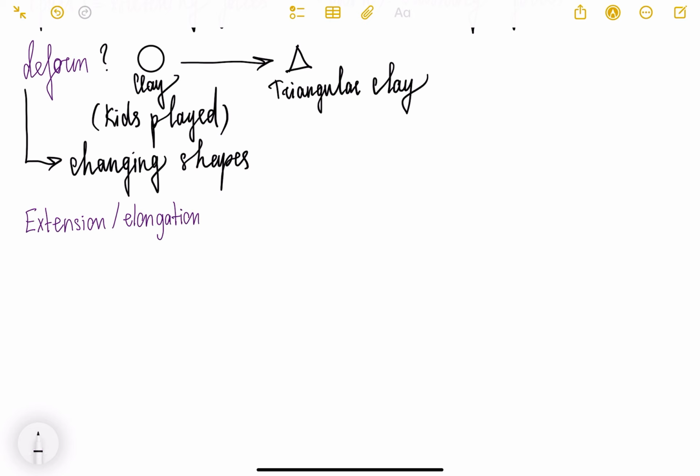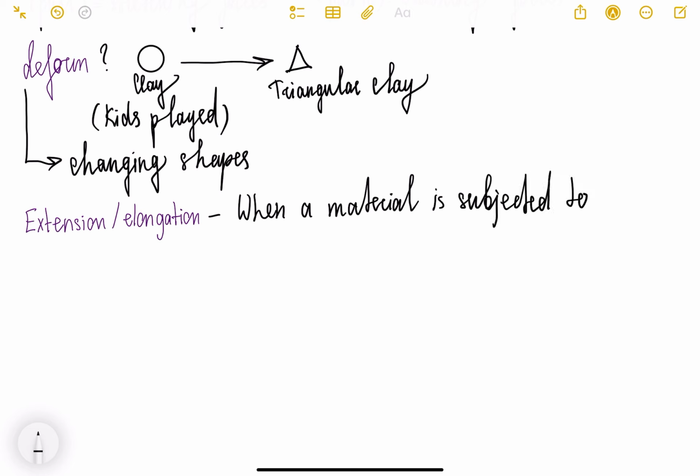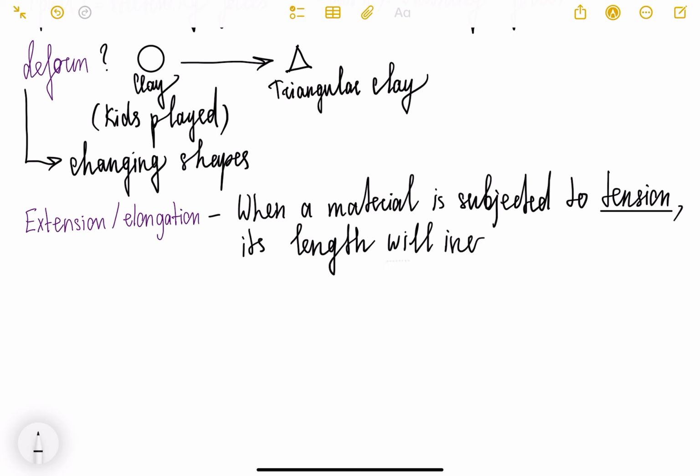Elongation, which means when a material is subjected to tension, its length will increase by a certain amount.